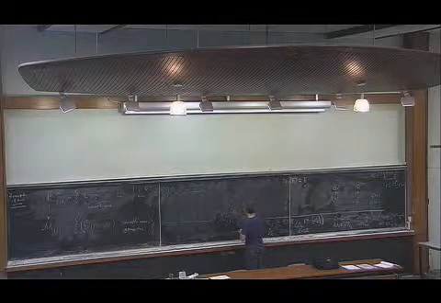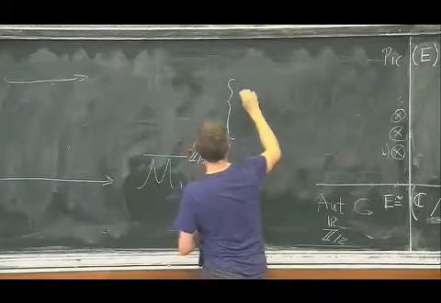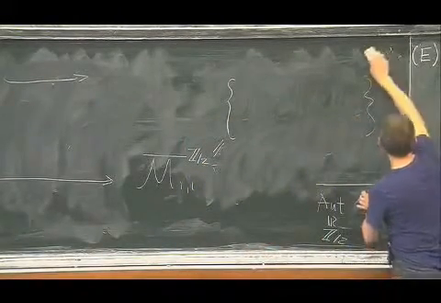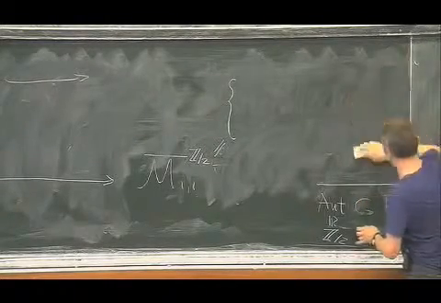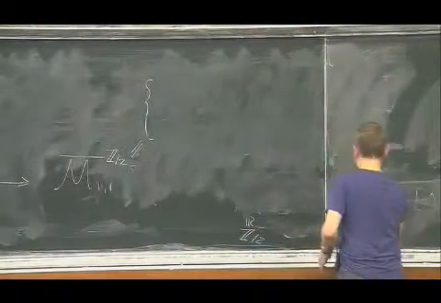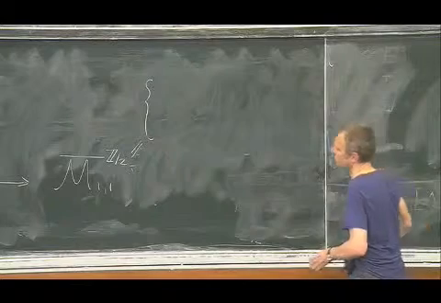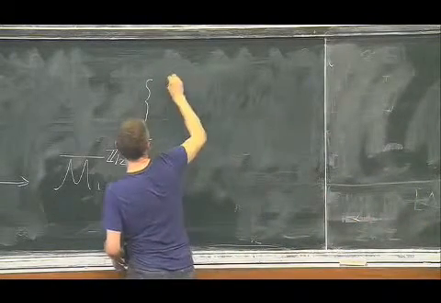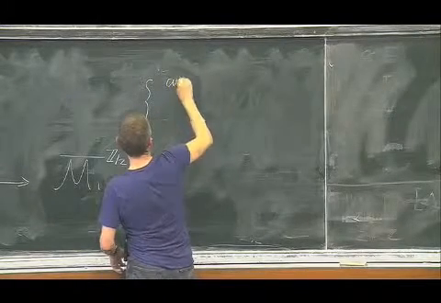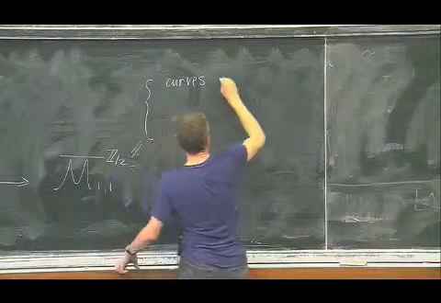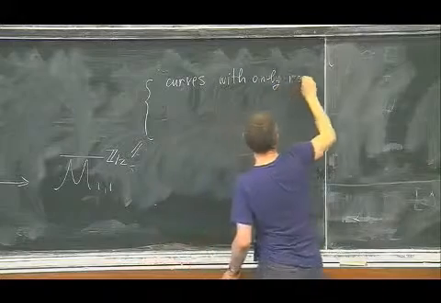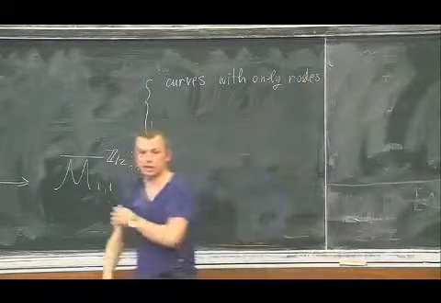We're going to consider the space of, so these are curves with only nodes, just as stable curves are.